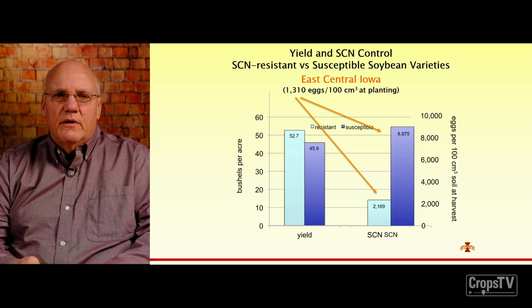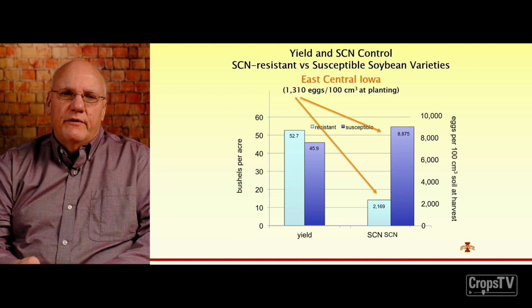And that nematode control, those low egg counts in the left bar on the right side of the graph, will pay additional dividends in terms of soybean yields in future years when soybeans are grown in this field.